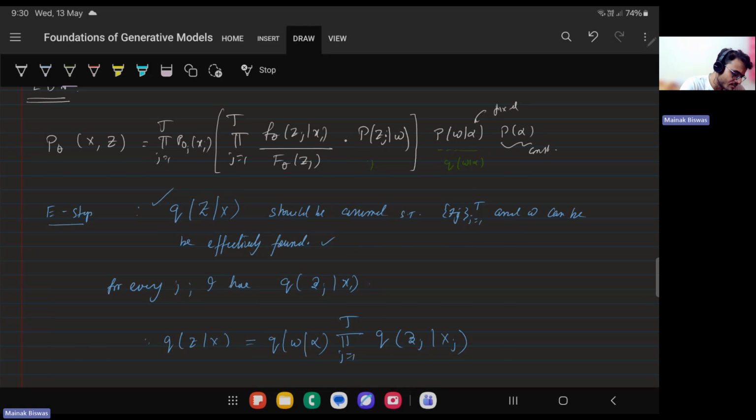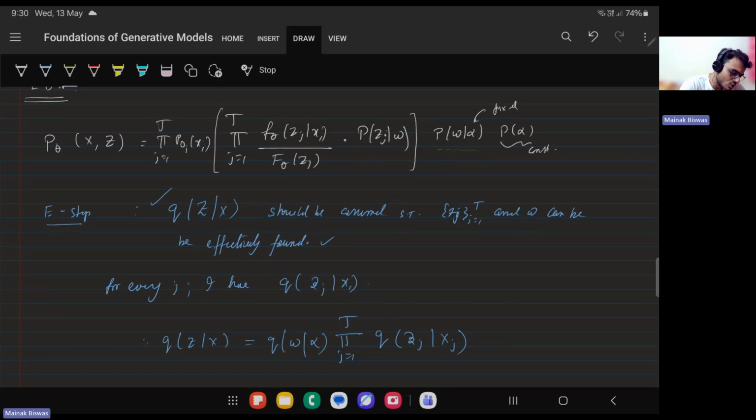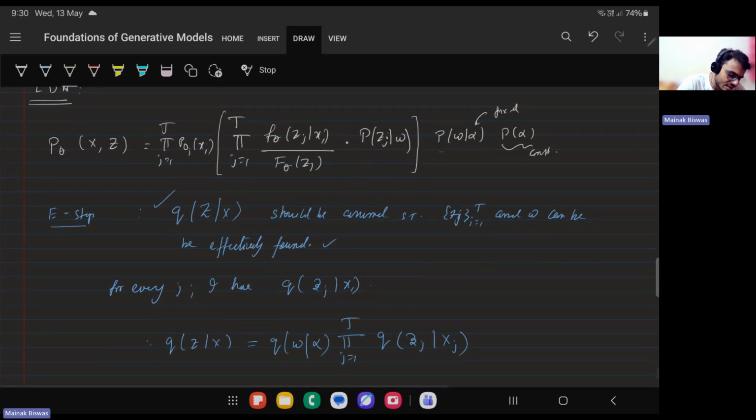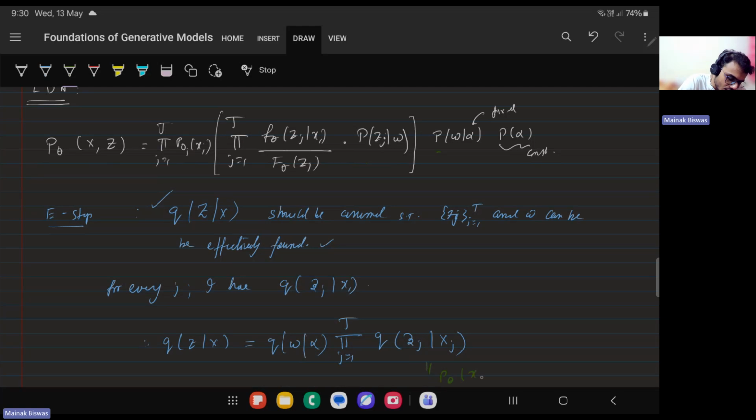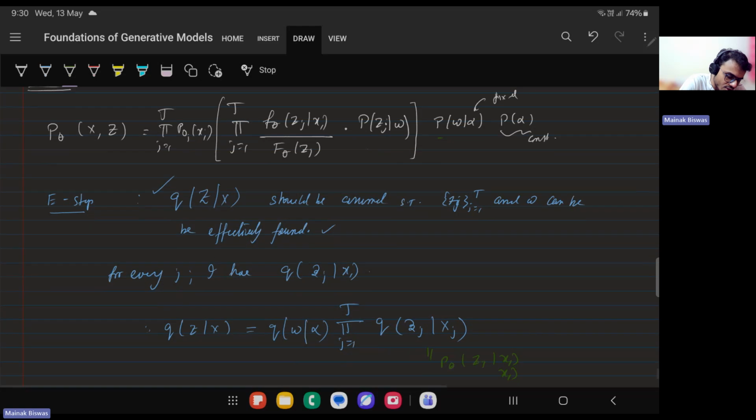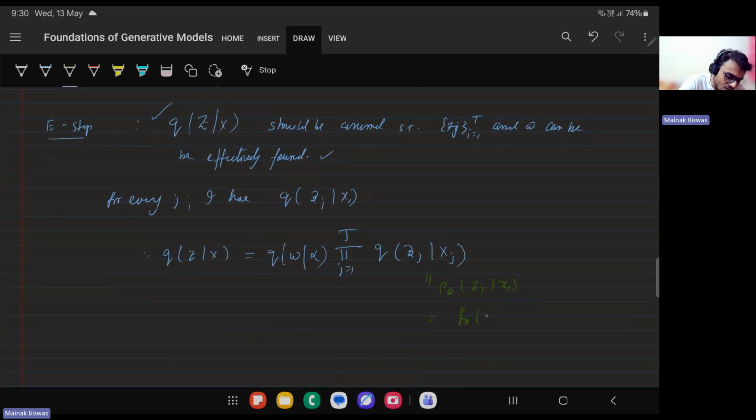Okay, so this is the latent structure that I'll choose, and then I will equate them to p theta of zj given xj, which is nothing but f theta of zj given xj by capital F theta of zj into p theta j of xj. I'll just equate each of them to these, and then I'll get the variational distribution if I'm assuming the product. So this is the idea.